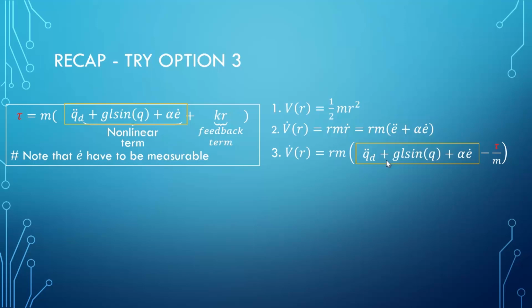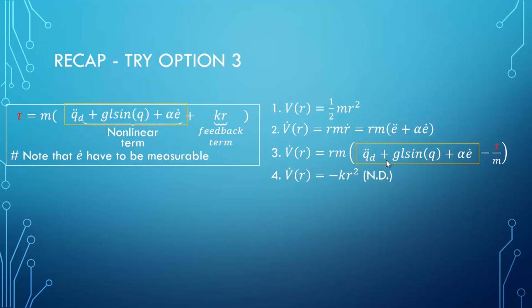Sine Q is known because Q is the joint angle, which is measurable. You can obtain it by sensors. This is obtained by a predefined signal. And eta is measurable because eta is Q d dot minus Q dot. Q d dot is by design. Q dot is computable. And KR is also known because R is designed as a combination of E and E dot, and K is the control gain.